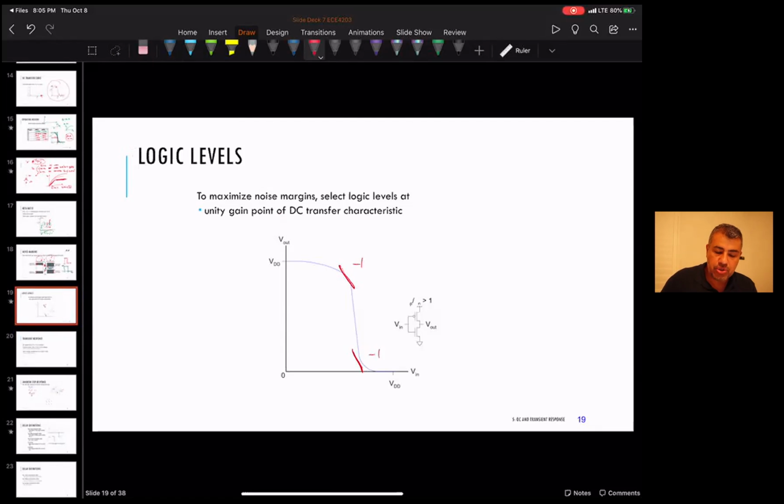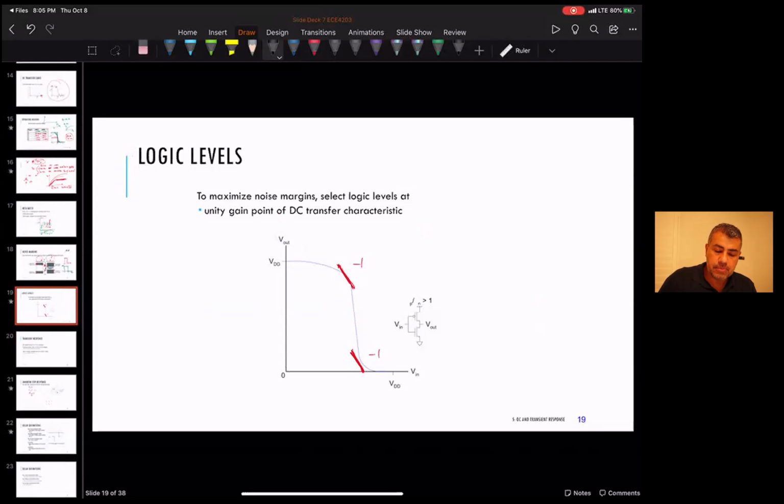So this is a curve we drew. The slope here is pretty low. The slope here is very high. And we had to pick a number, so we pick -1 as our demarcation point. Okay, and why is that?